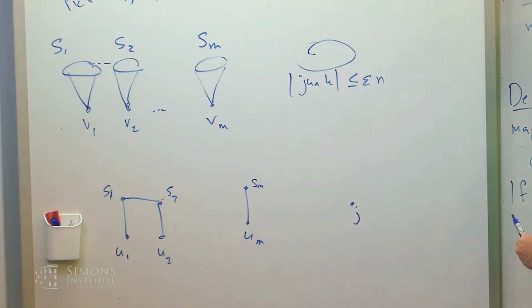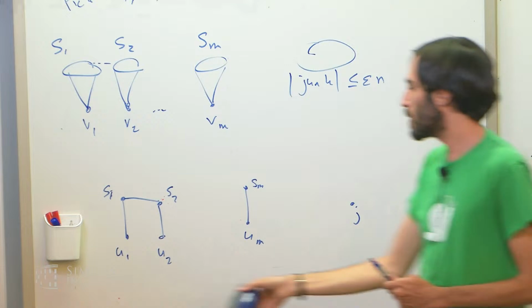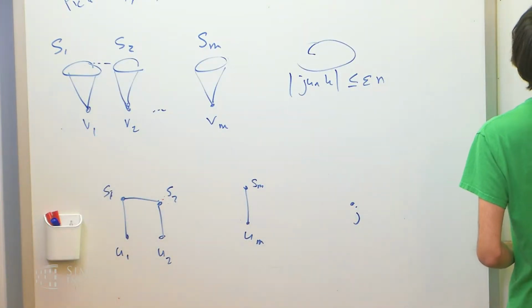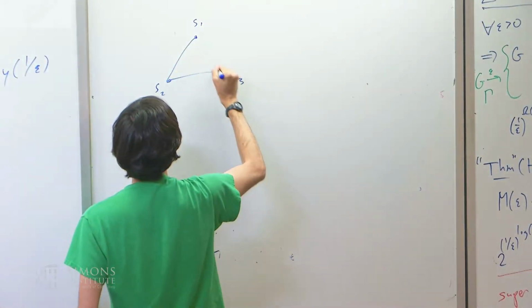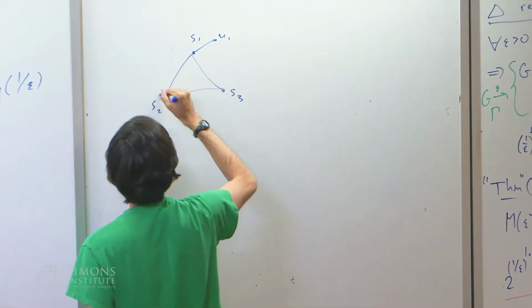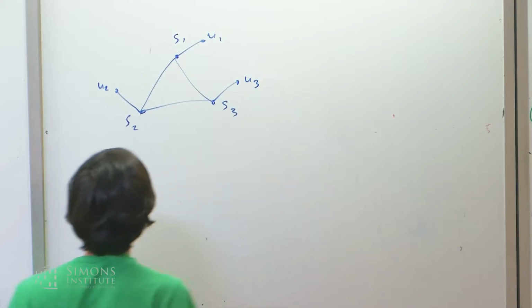The only thing I need to persuade you of is why the graph downstairs is triangle free. And of course, that's where the C9 free assumption is going to come from. If I have a triangle downstairs, it has to go between 3 of these s vertices. So I'll have maybe s1, s2, s3, and maybe they're a triangle downstairs. Now remember that these guys have their tails sticking off, u1, u2, u3.